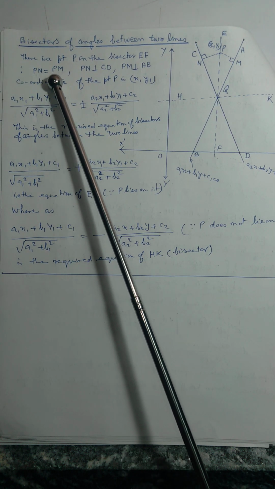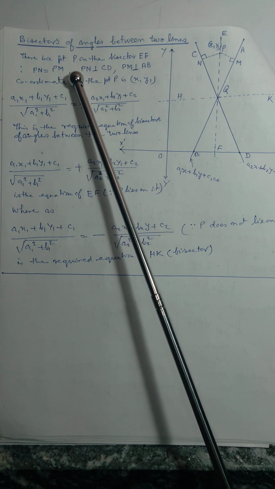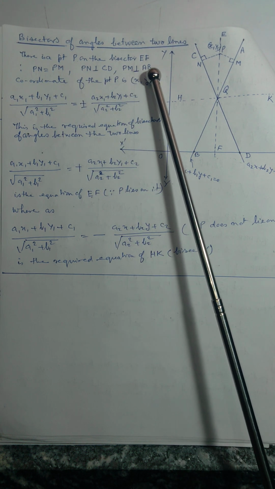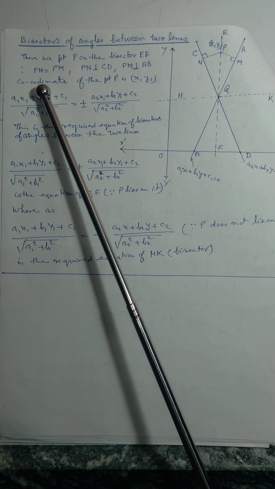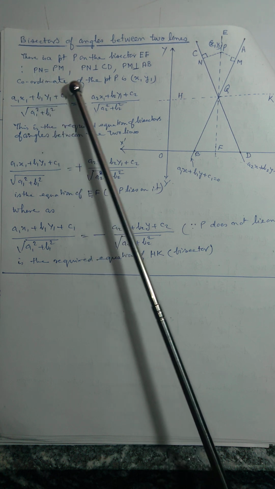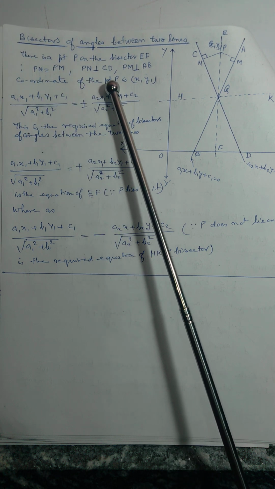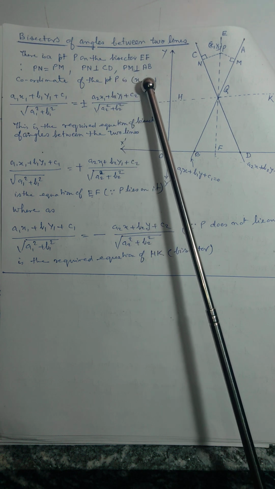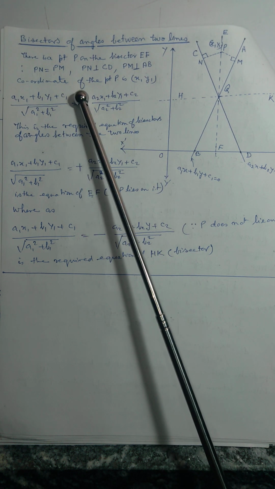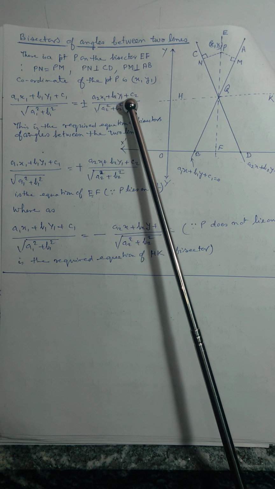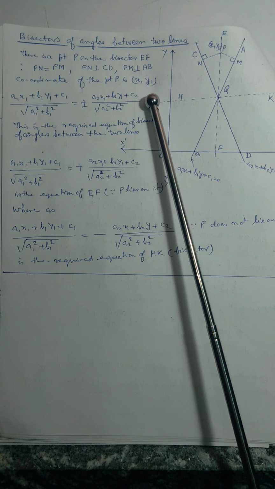So there is a point P on the bisector EF such that PN is equal to PM, and PN is perpendicular to CD and PM is perpendicular to AB. Coordinate of the point P is x1, y1.